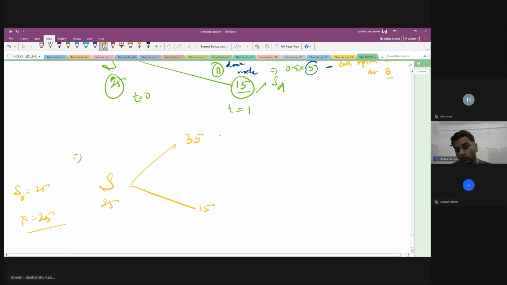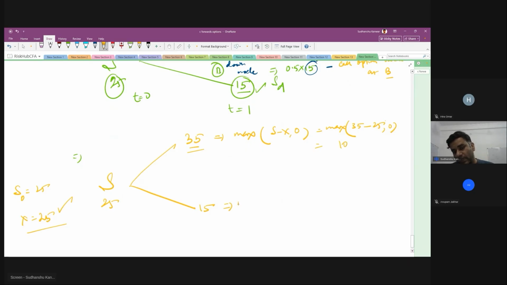I told you the call option value is max of S minus X comma 0. So I take the S price at this node, which is 35, and X is constant 25, comma 0. So this comes out to be 10.